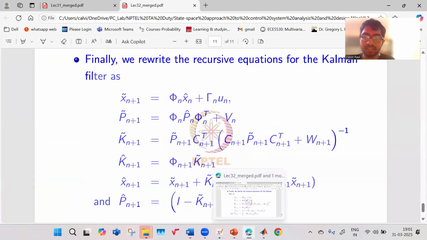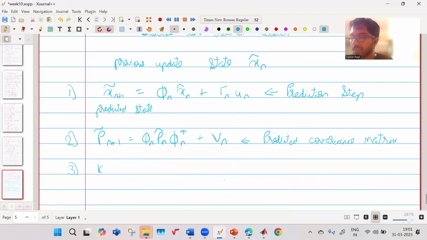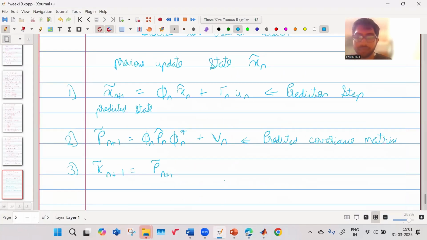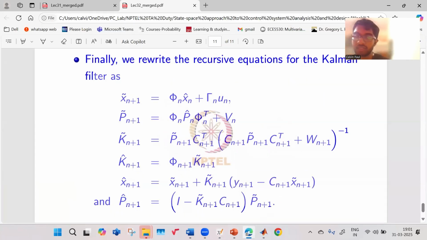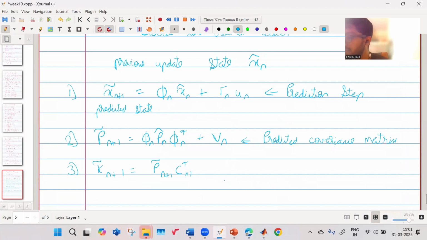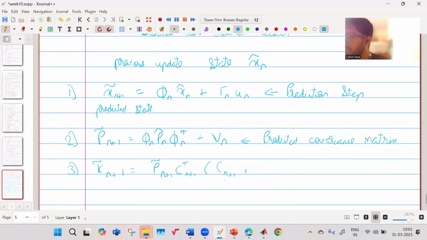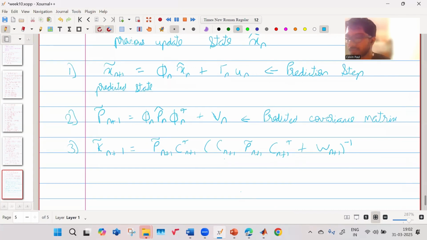So that is written as K tilde n plus 1 is equal to P tilde n plus 1 into C transpose n plus 1, times C n plus 1 P tilde n plus 1 C n plus 1 transpose plus W n plus 1, inverse. So this is the predicted gain, K tilde n plus 1.